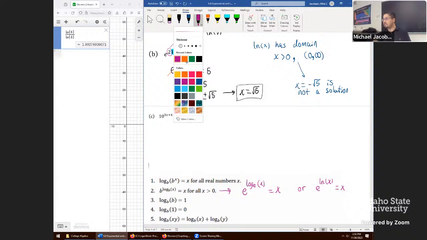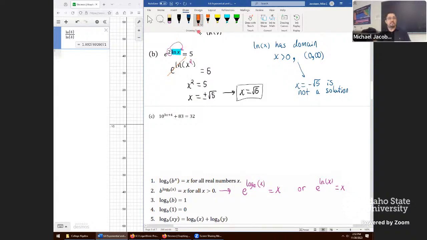The issue on this one is, we know from experience, if you graph any exponential function, say something of the form y equals 10 to the power 3x plus 4, or just even 10 to the power of x, doesn't matter really what's going on here, this is going to be bigger than 0 for all x.